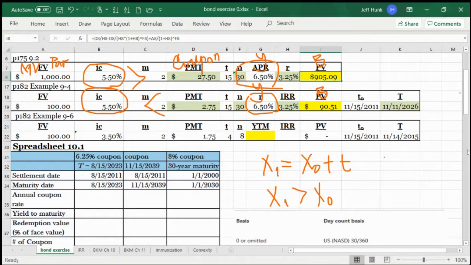All righty. So for our next example, we're going to skip this and go straight on. This is an exercise to find yield.